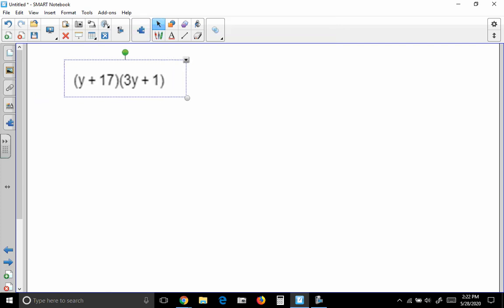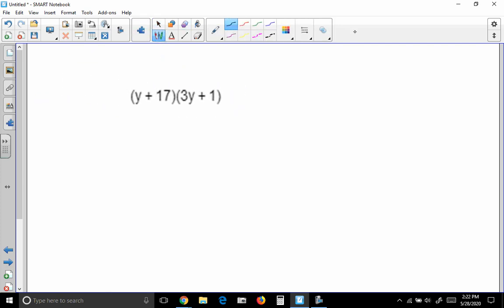This is another problem with distributing, but notice on this one we have more than one term out front. If we just simply had a 17, we would distribute 17 times that, and we would do 17 times that. Or if we just had y, we would do y times that and y times that. So what we're really going to do is both of those.